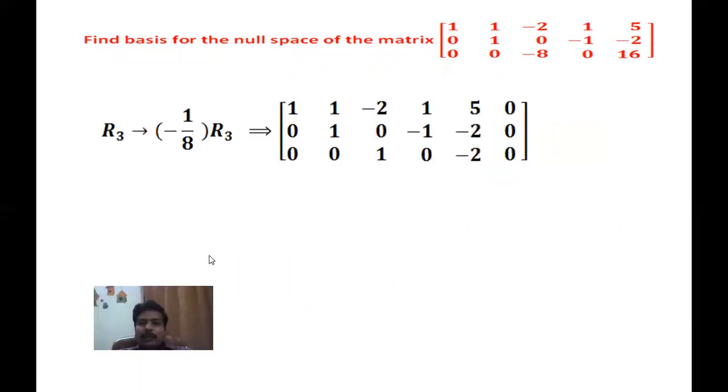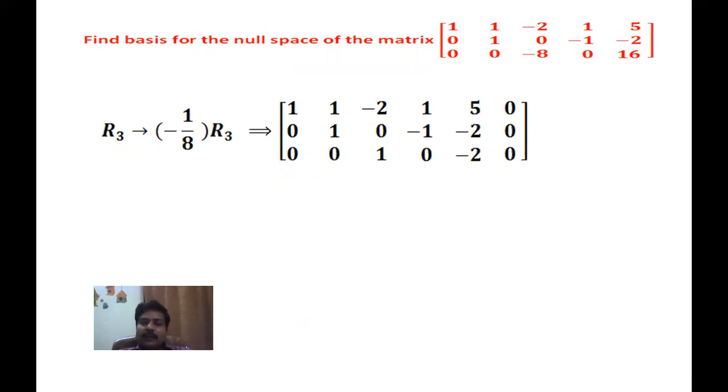But for convenience, we can divide the third row by -8, so that the third row will become 0, 0, 1, 0, -2.